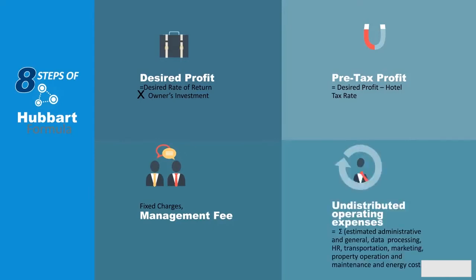Step 4: Calculate undistributed operating expenses. The calculation includes estimated administrative and general, data processing, HR, transportation, marketing, property operation and maintenance, and energy cost.